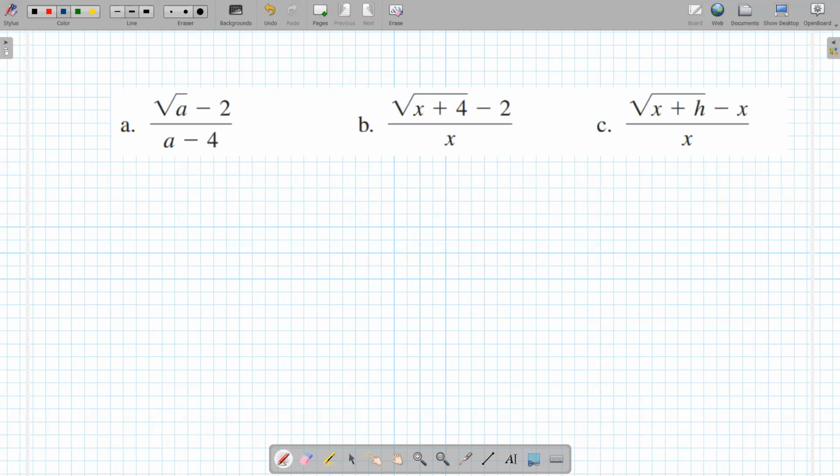Is it the numerator or denominator? There's no root in the denominator, so it's probably the numerator. If it doesn't specify, just look at where the root is. In this case, it's going to be the numerator because that's where the root is.